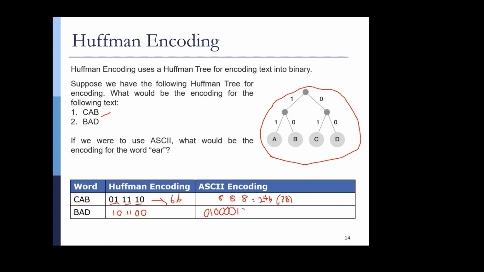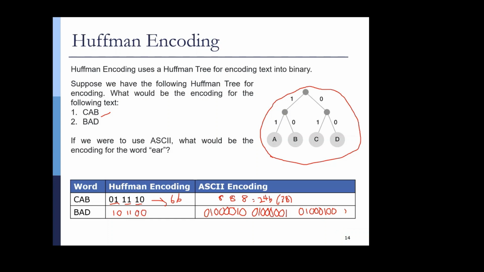This is for the letter B, already taking 8 bits, and then for letter A, and then for letter D, you see?